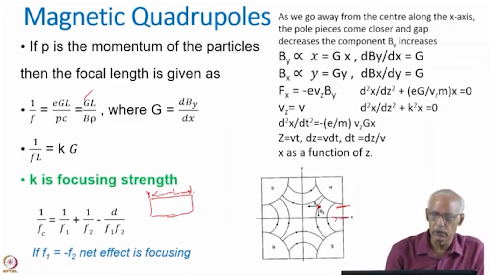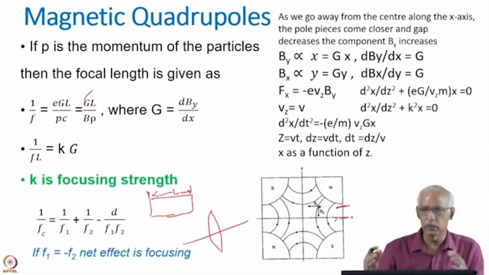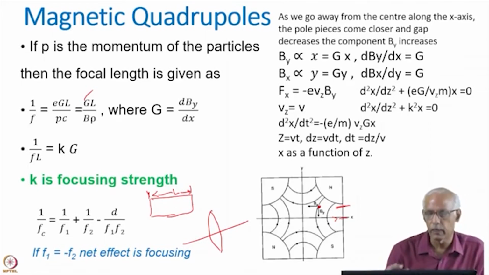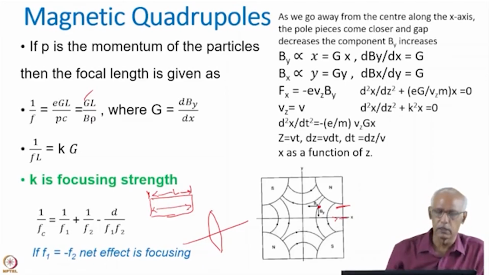In the case of a thin lens, you can neglect the thickness. Suppose in the case of a converging lens, it is a very thin lens, then you can omit the length. But if the lens was very thick, then you cannot do that. Similarly, in the case of an electrostatic quadrupole or a magnetic quadrupole, this length cannot be avoided if it is not a thin lens.